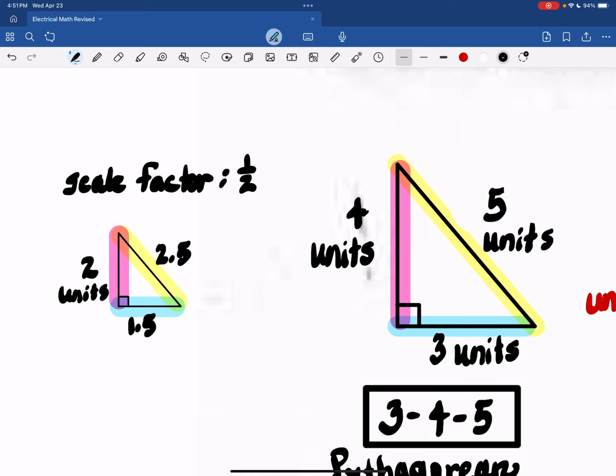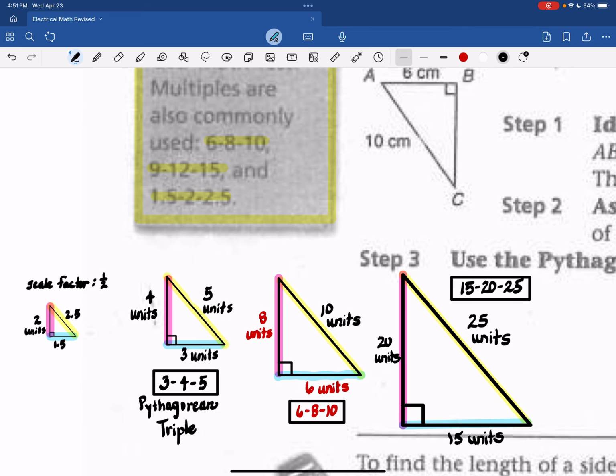Hypotenuse will always be the longest side. So this scale factor was 2. We multiplied by 2. This scale factor was 5. And I'm always working with that 3, 4, 5 to either make it bigger or smaller.